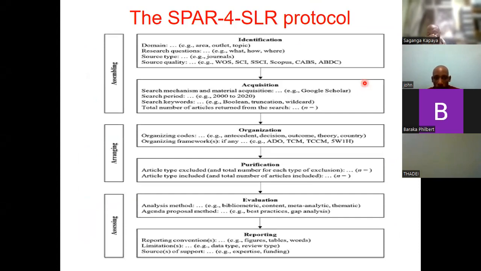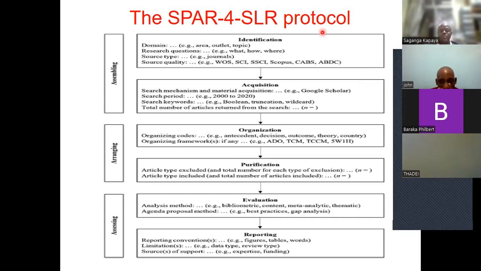And this is one particular example, which is, of course, a different protocol, which is not Prisma. There are many protocols around which you can organize your literature review. But I'm particularly interested in this one, which is more related to business studies, okay? Which is the SPA4 SLR protocol, okay?